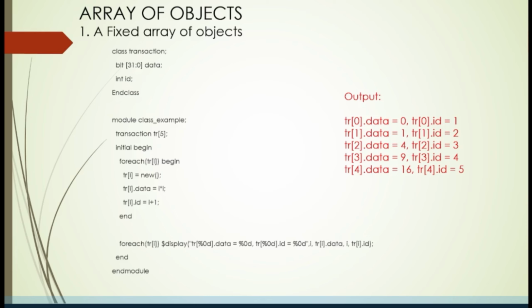The same example, but instead of creating the handles like tr1 and tr2, I am taking the help of arrays. So now tr of 5, this is a fixed size array. Now 5 handles like tr of 1, tr of 2, tr of 3, tr of 4 and tr of 5 are automatically created. So instead of naming everything, we can just create it in this way.